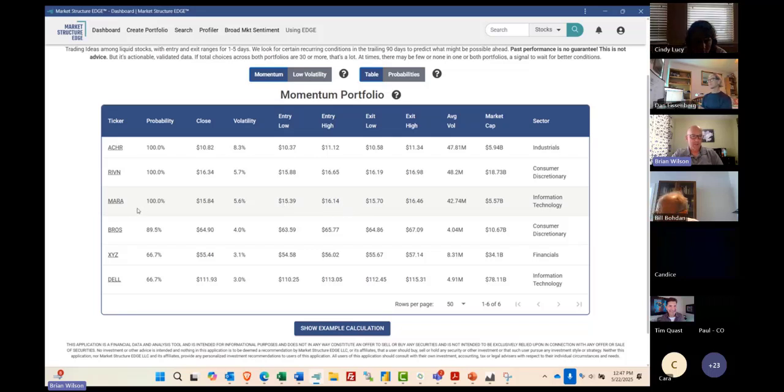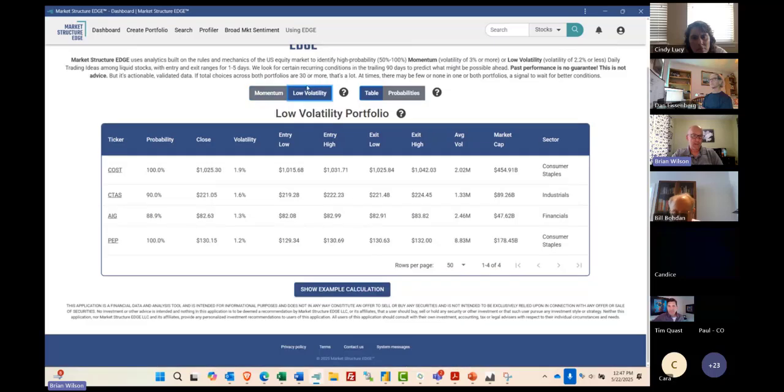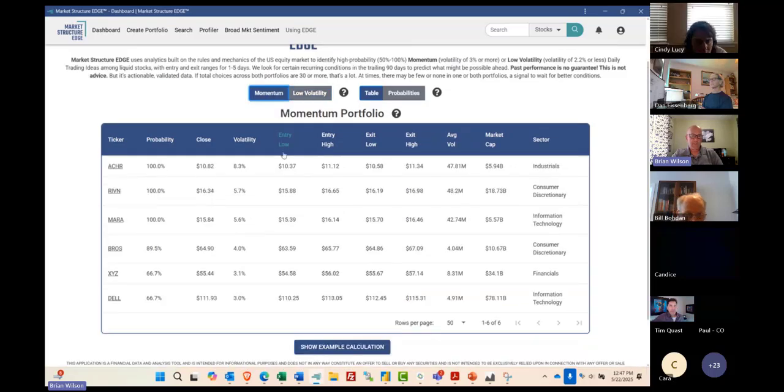I noticed that this one wasn't doing quite as well as some of the other ones, so I picked up a half position earlier in the trading day, and I'll probably add to that position before the close. It's just an example of how to use either the momentum or the low volatility portfolio. You're looking for those entry lows and entry highs.